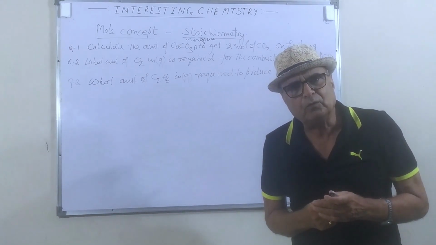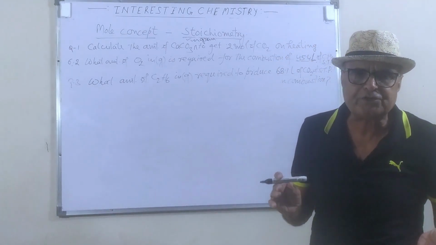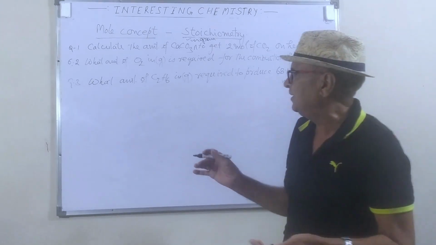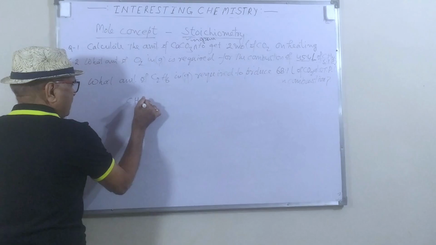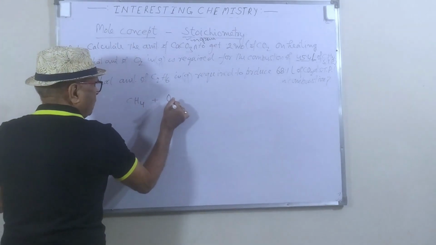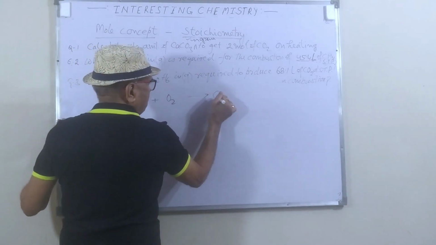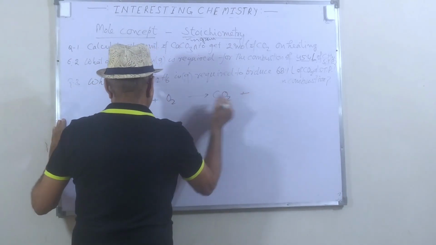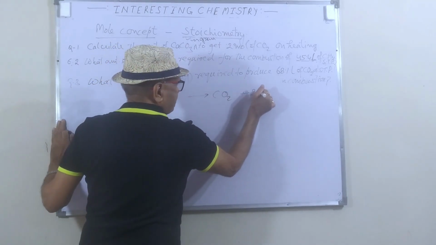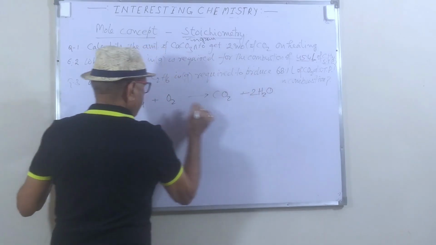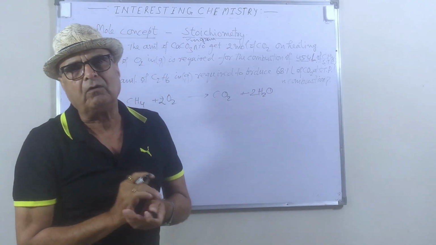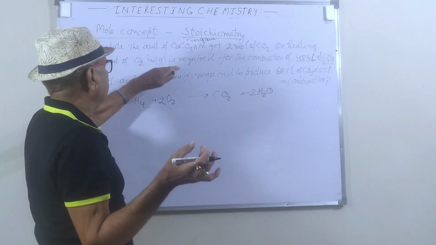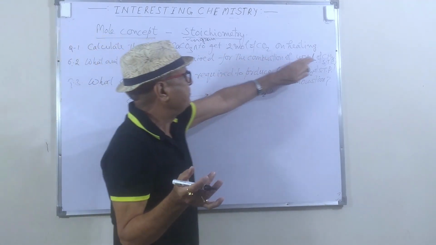First of all, you will write the equation of the combustion of methane: CH4 plus O2 gives CO2 plus H2O. Then you require 2O2 and 2H2O. This is the balanced equation of this reaction.